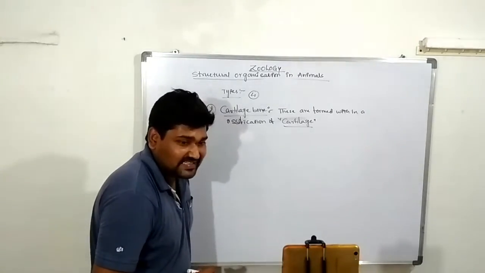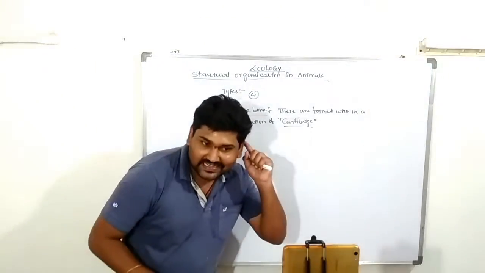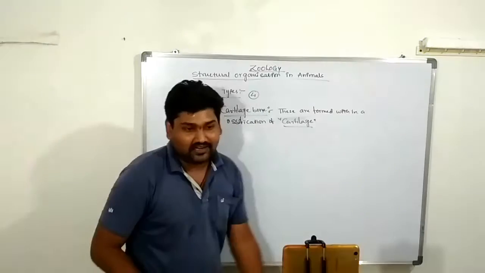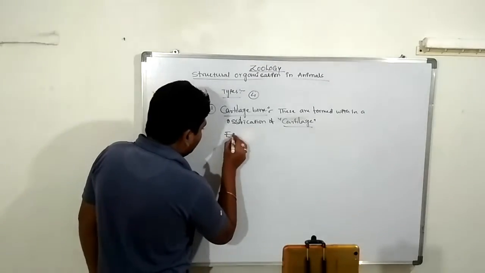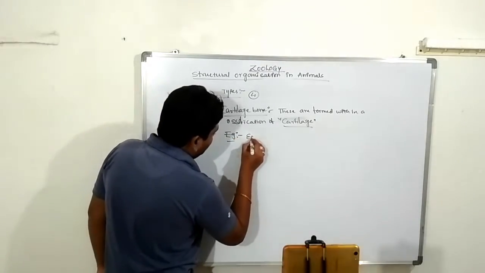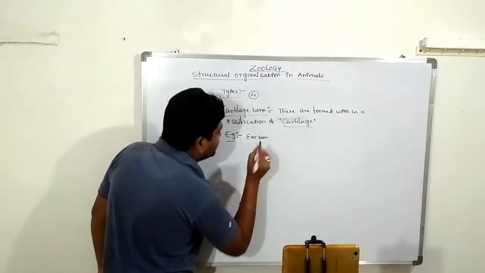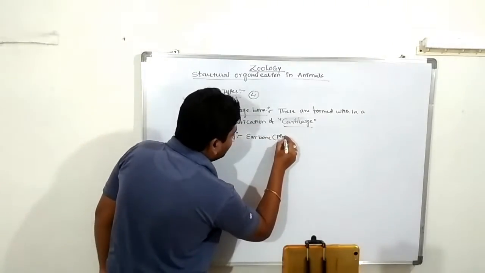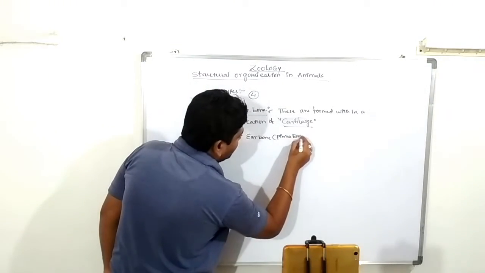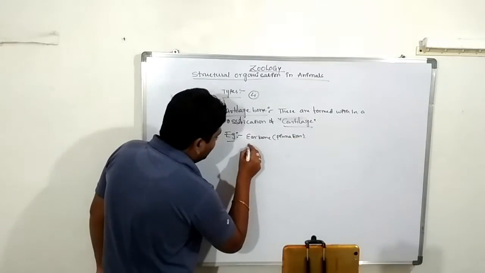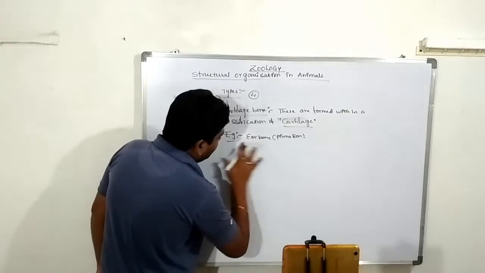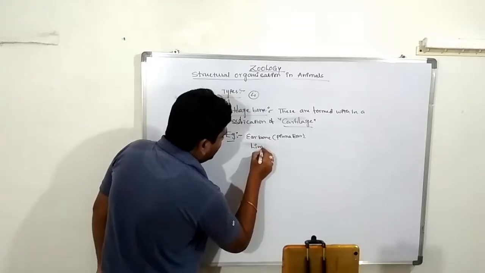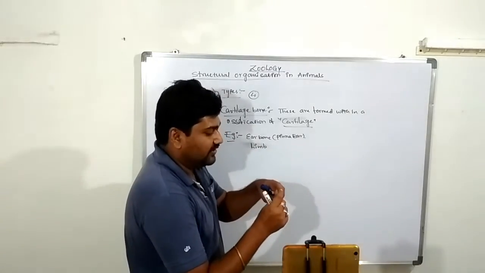One of the best examples of cartilage bone is the pinna of the ear. This is flexible cartilage bone. Examples: ear bone, that is the pinna, and ear ossicles also, and the joints of limbs, in between two limbs.